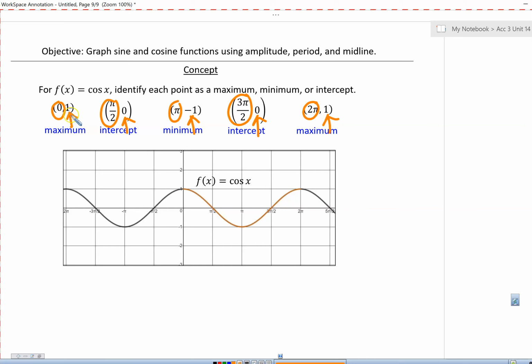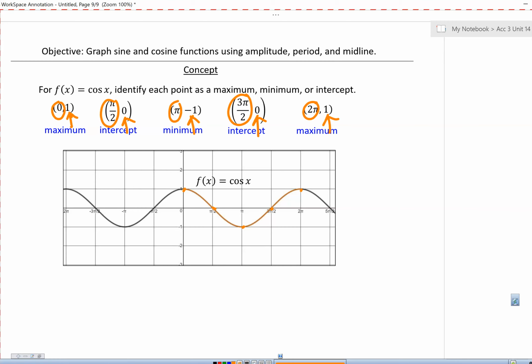Cosine starts at 0 radians with a value of 1. So it starts at a relative maximum, then goes to an intercept, then goes to a minimum, then back to its midline, and ends at another relative maximum.